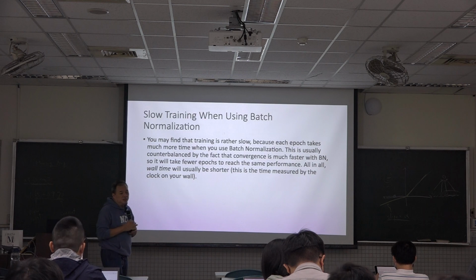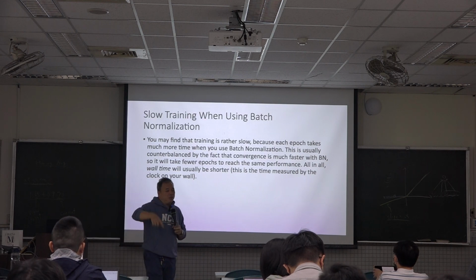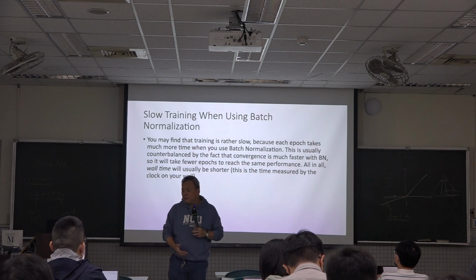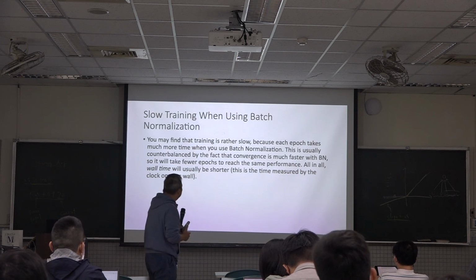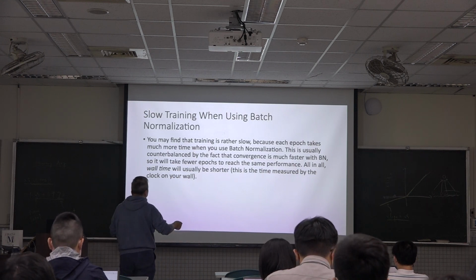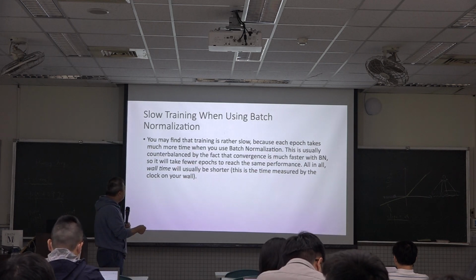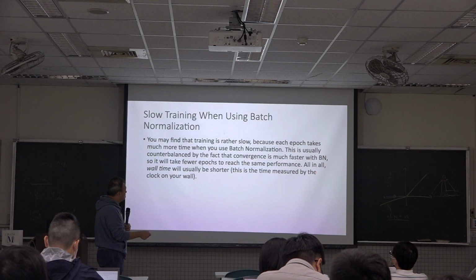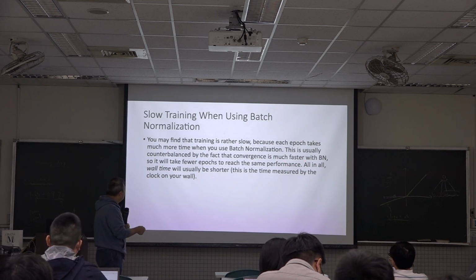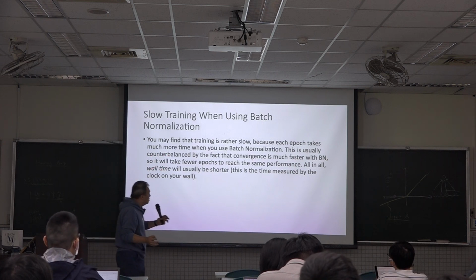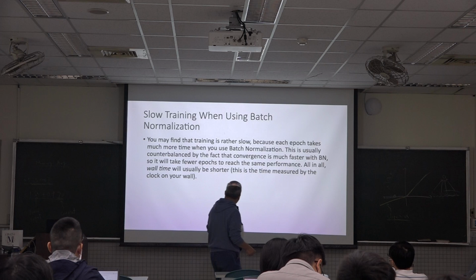Remember, the number of iterations is reduced by more than 10 times, right? So eventually, it will take fewer epochs to reach the same performance. So all in all, wall time for the training will usually be shorter. This is time measured by the clock on your wall.